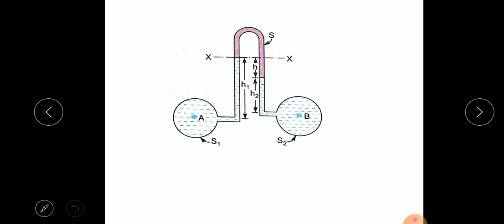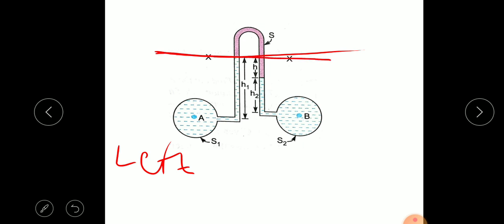So here we can write again. Now we have to write on the left side the pressure acting below the x-axis. Here it is not above the x-axis; it is measured below the datum line. At this point the pressure is PA, and the pressure due to this liquid column we have to subtract from the x datum line.